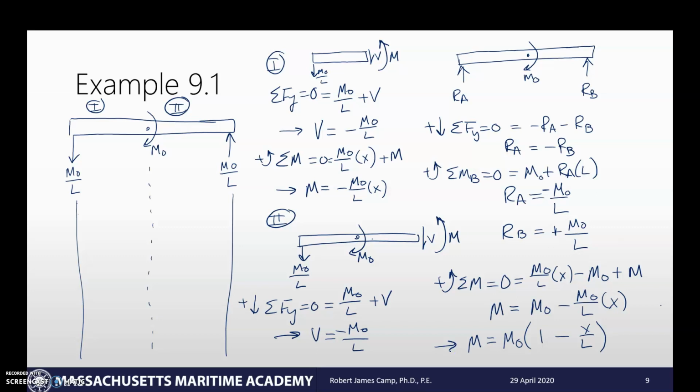So before we plot these, we've got our shear forces are both straight constants. This is a negative linear line. This is also a negative linear line. So this is going to be interesting. We have two negative lines. Okay, so what I want to do is I want to keep this going.